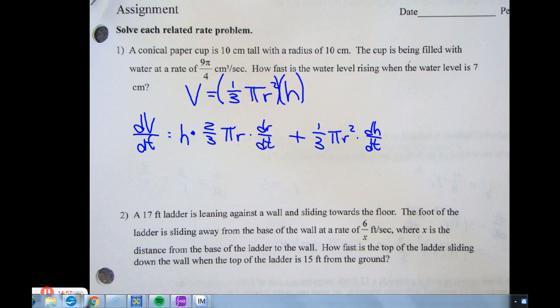dV/dt is what I'm looking for. How fast? No, I'm sorry, it's not what I'm looking for. dV/dt is what? 9π over 4. What's h? What's r? It's not 10.